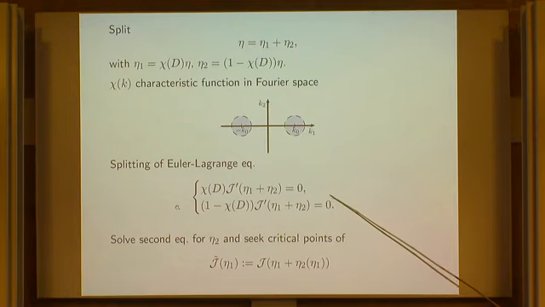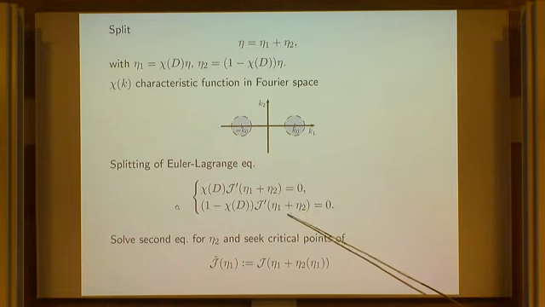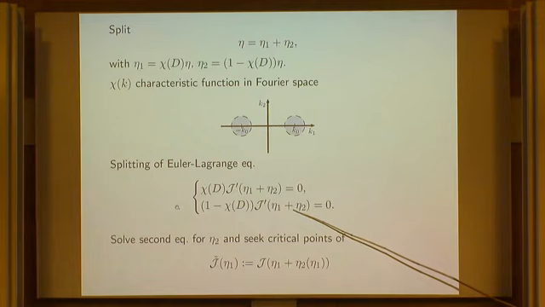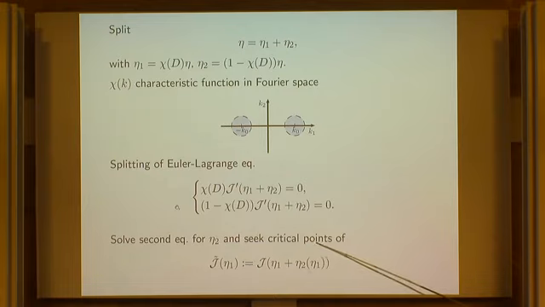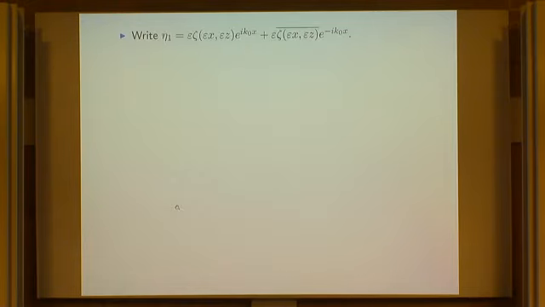For that reason, we can solve the second equation for eta 2, and so we get eta 2 as a function of eta 1. Then again, we plug that into J, and we get the new functional, J2. Okay, and this is the final reduction. There will not be another variational reduction.